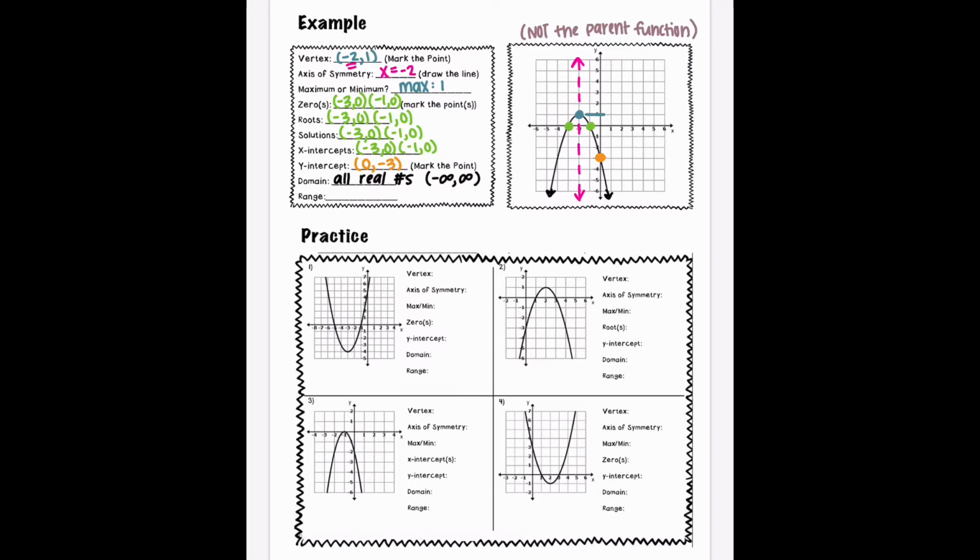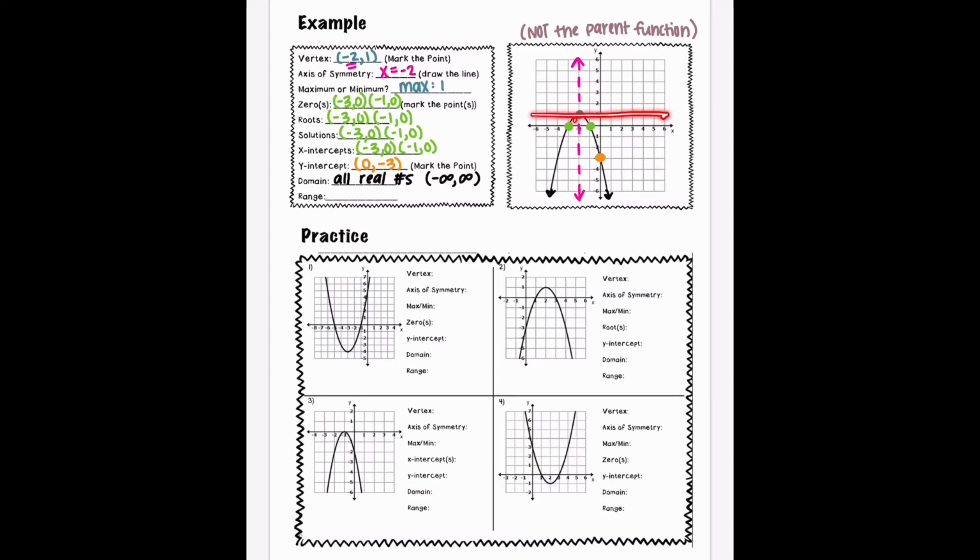The range is how high or how low does your graph get before it stops. So range is always talking about the y values. Well, notice how this graph only gets up to this high. It only goes up to +1. That's as high as it gets on the y-axis.